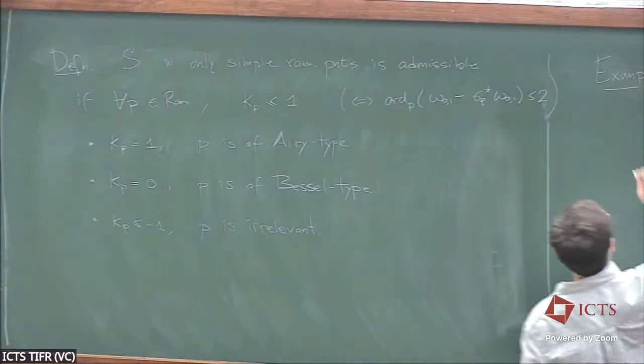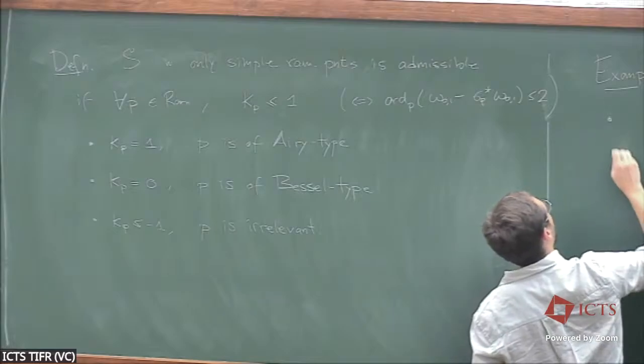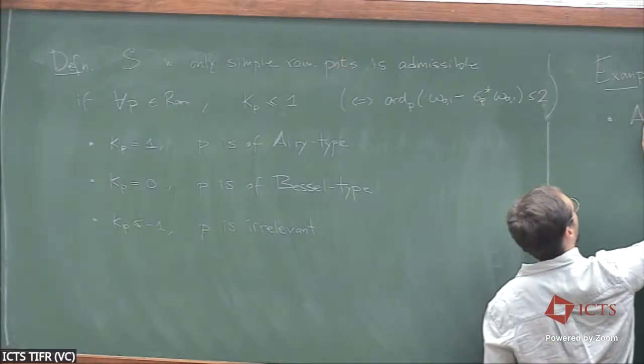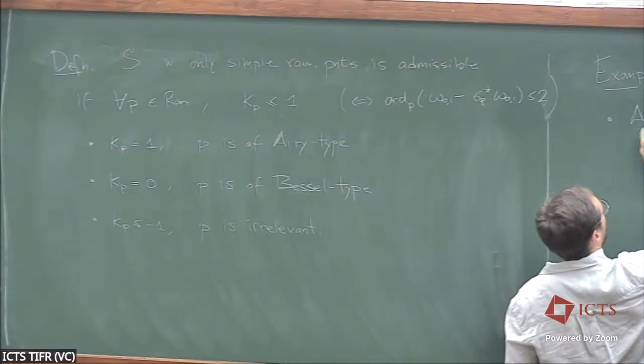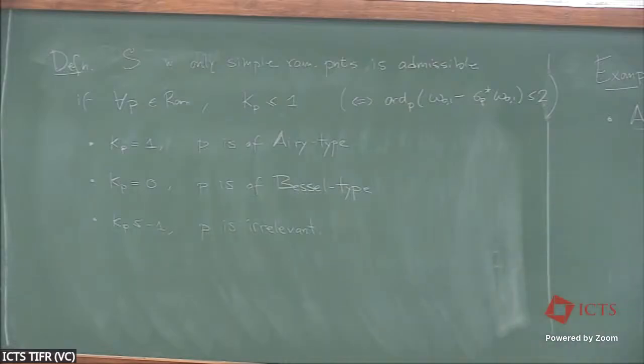So the first example is the one that everyone loves, which is called the Airy curve. So as a plane curve, this is the one given by a half y squared minus x equal to 0.